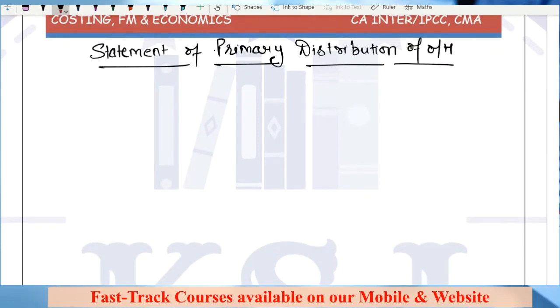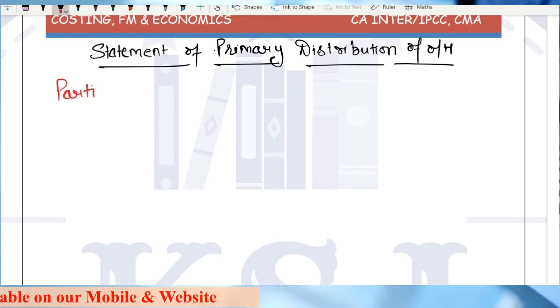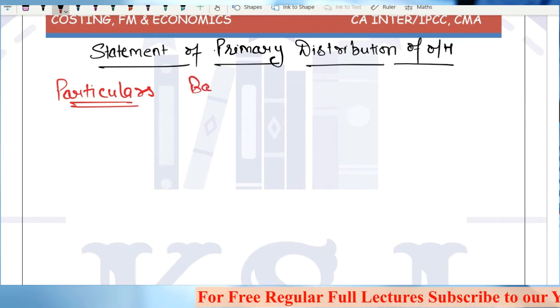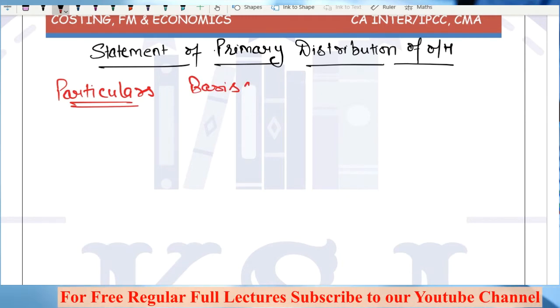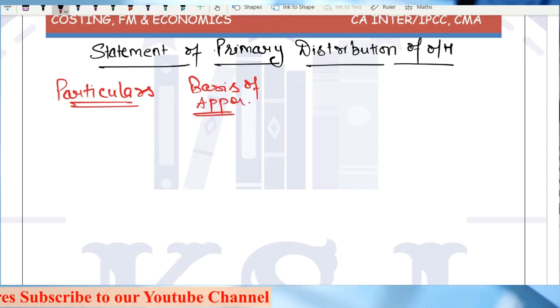So the basic format is going to be particulars, then basis of apportionment, then total cost.